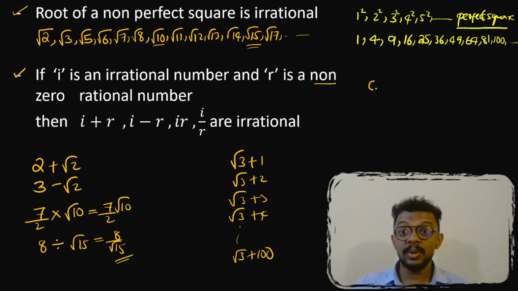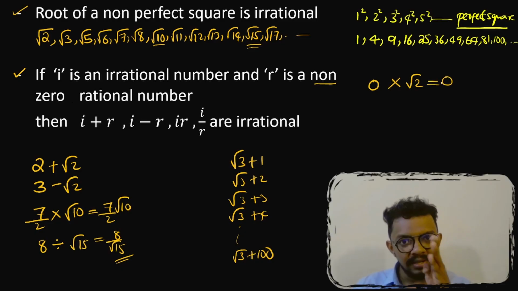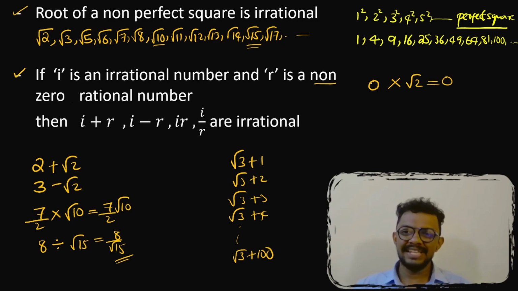I know 0 is a rational number, root 2 is an irrational number, but 0 into root 2 is actually 0, which is rational. So that's why 0 is excluded. If I take 0, their product will be 0, which is rational. For any other rational number, their product will be irrational.